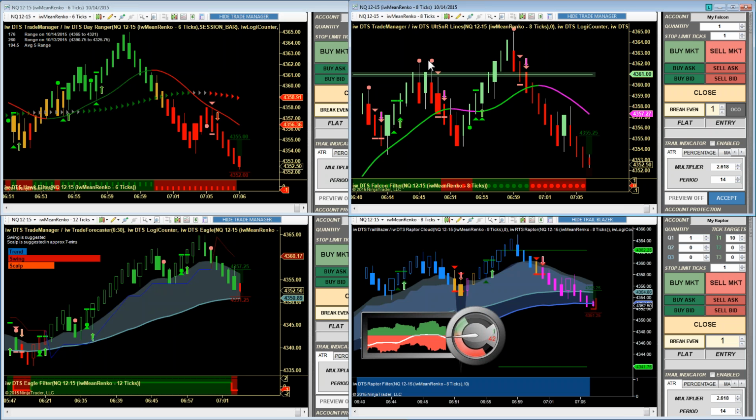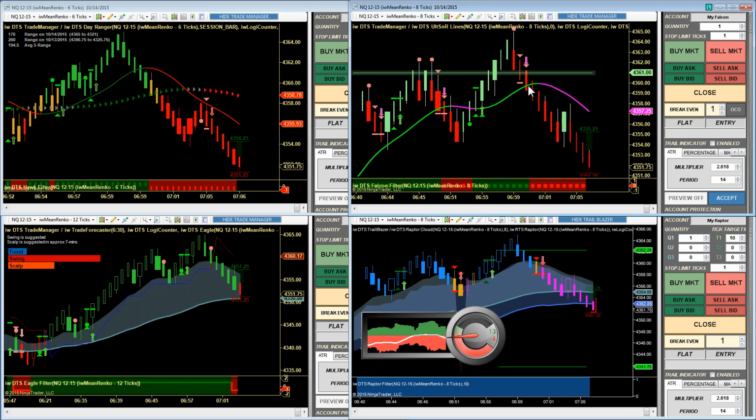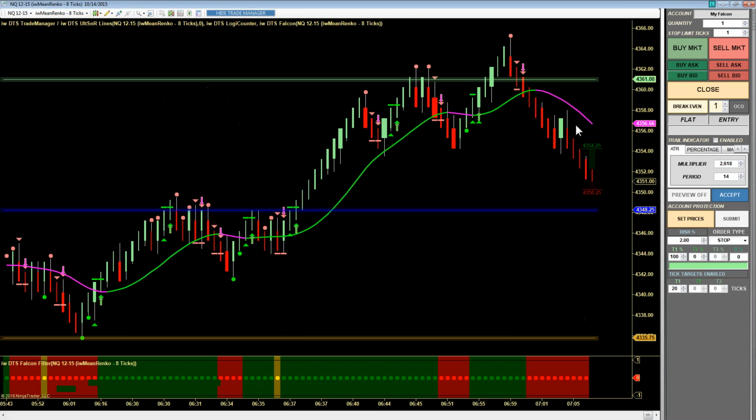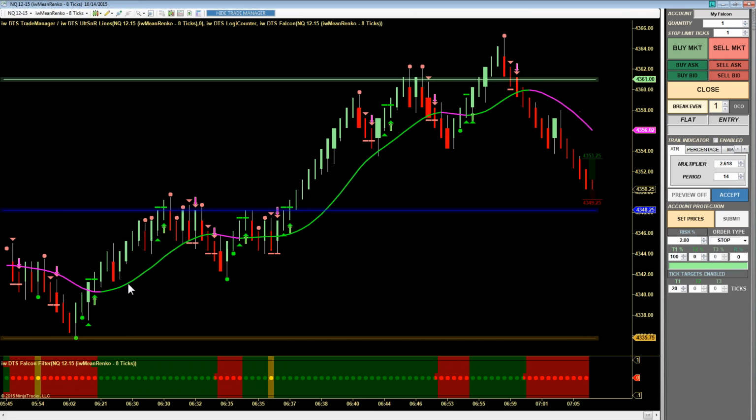And you can see warning dots, triangles, hash marks, same kind of deal here on the Falcon. But we're looking for a different set of signals here. Right now we're waiting for a trend change signal. I'm surprised it didn't print right here, but whatever, we'll have to wait a little bit longer. The trend change signal occurs when the trend line changes color.